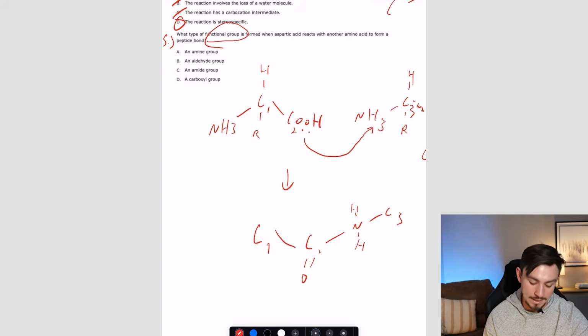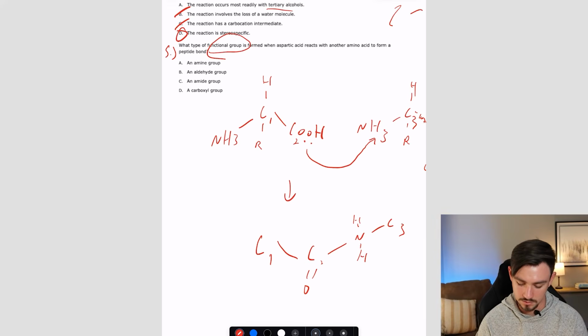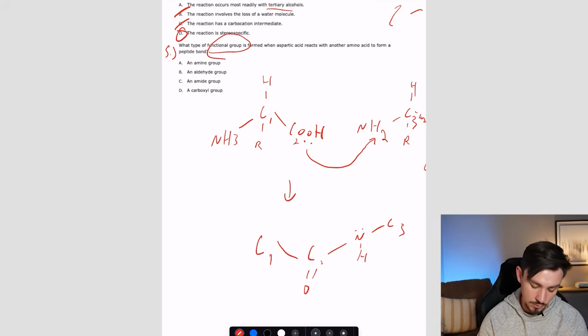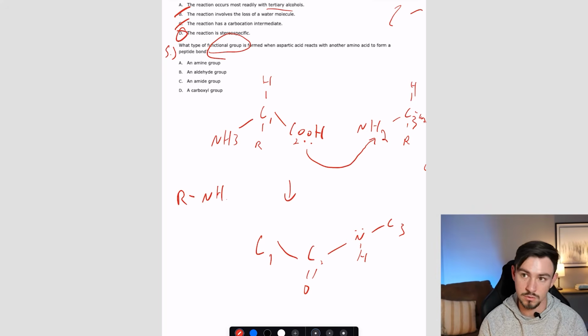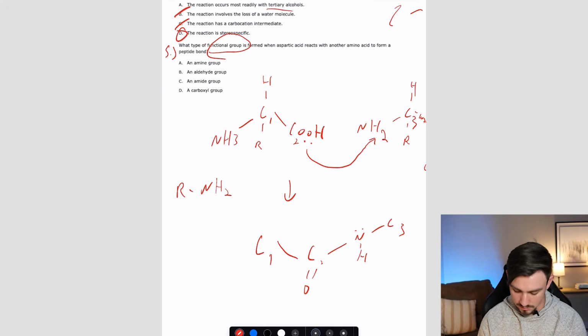So let's go through these. An amine. So what's an amine? I actually messed up here. So this is going to be CH2. Right, we got to obey our valences. So an amine is going to be just like an ammonia that's attached to a carbon. So this is the structure of an amine, right? And that looks like what we had here, right?